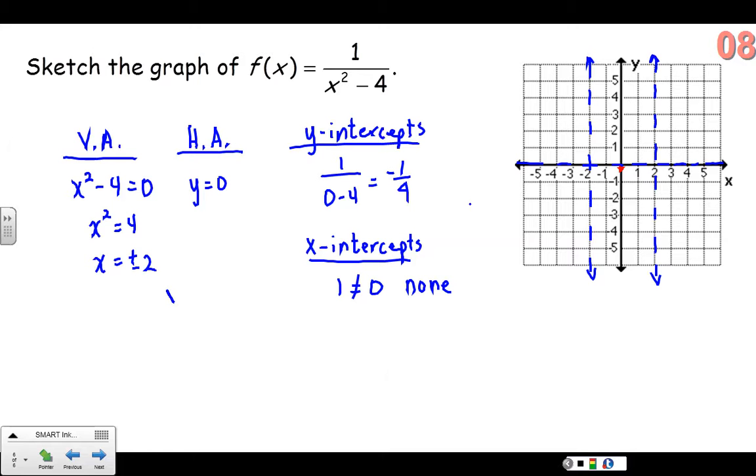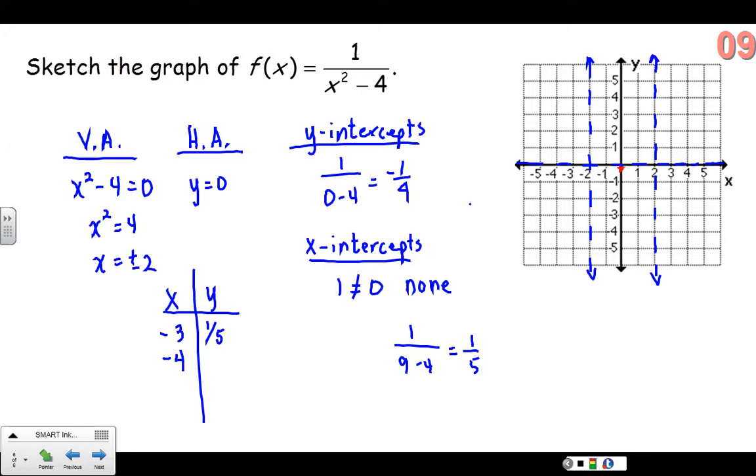So I'm going to get a table of values. Let's pick some points over, let's say, negative 3 and negative 4. If I plug in negative 3, I get 1 over 9 minus 4, which will be 1/5, or 0.2.